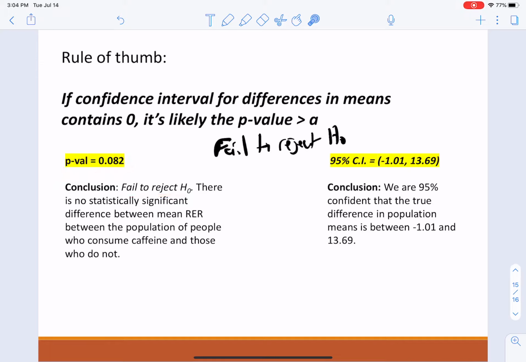And then we have 0 in our confidence interval. Because if the difference between two things is 0, then that means there is no difference between the two, because they're effectively the same. So we could say that we're 95% confident that the true difference in the population means is between negative 1.01 and 13.69. Or effectively, mu1 minus mu2 would be 0.